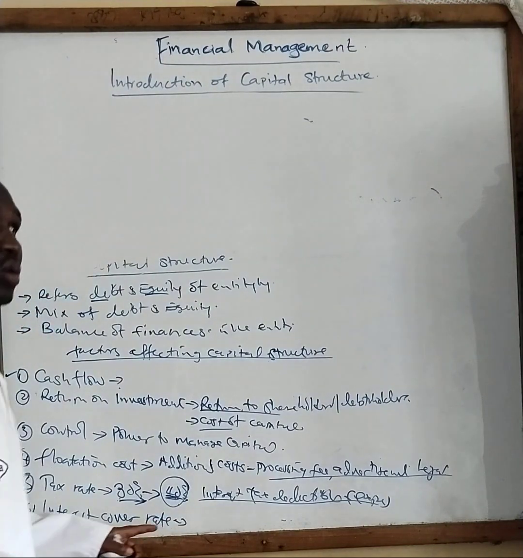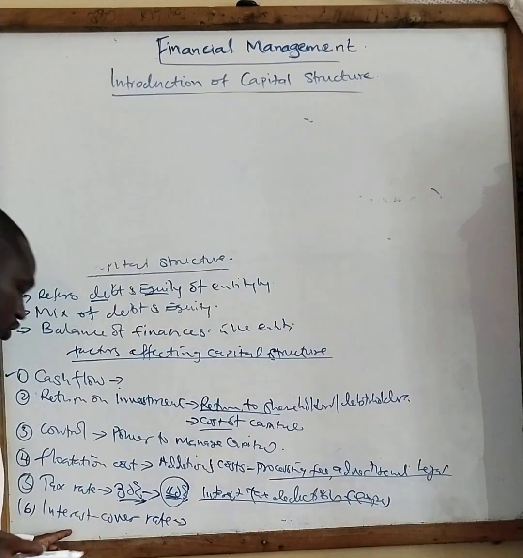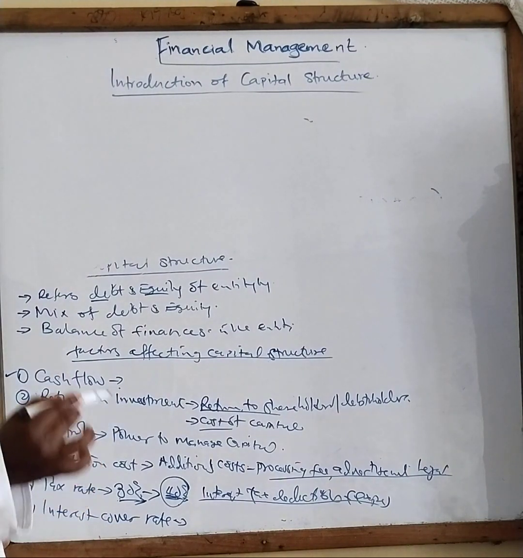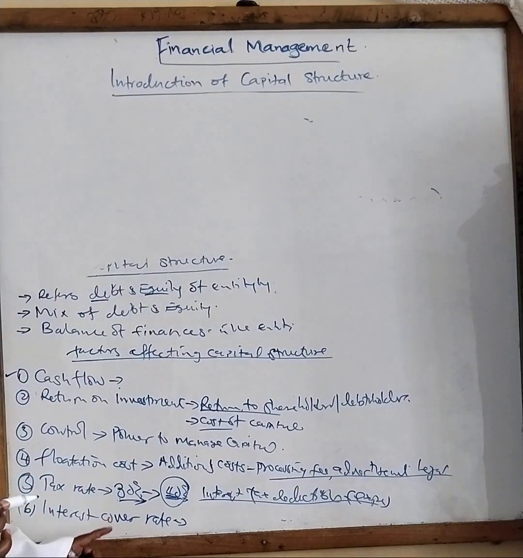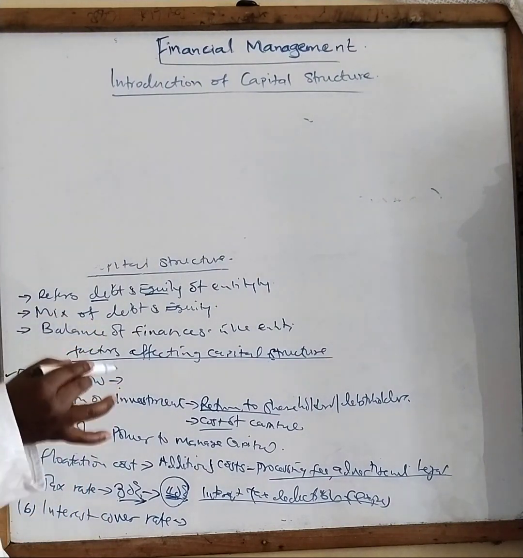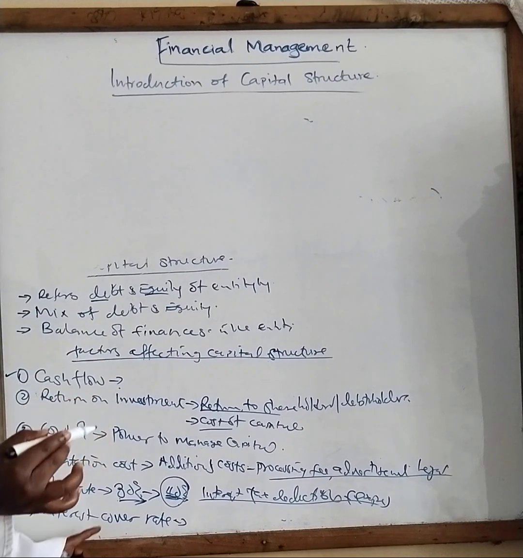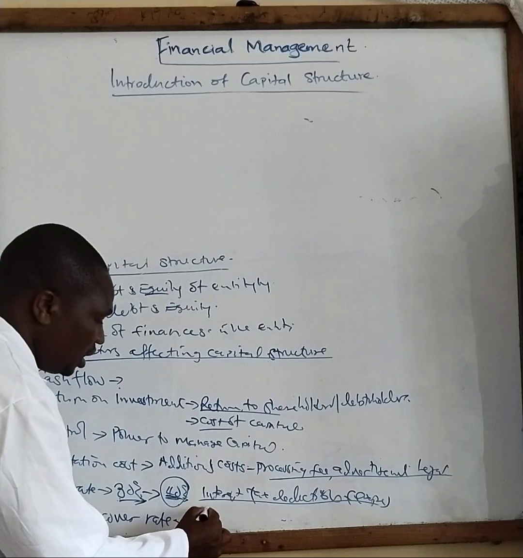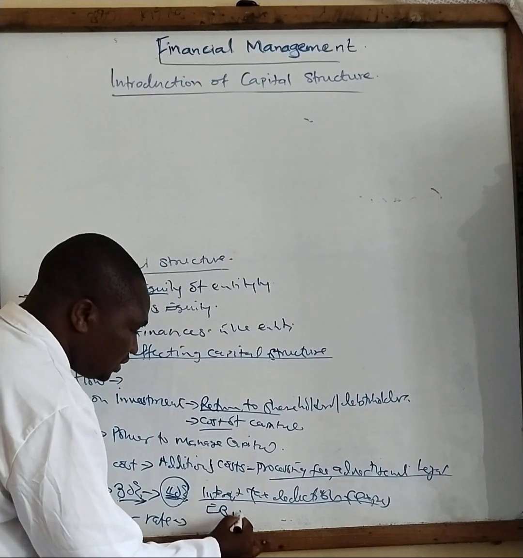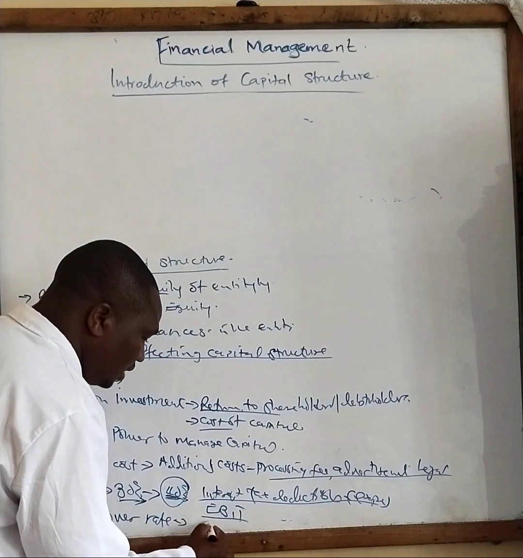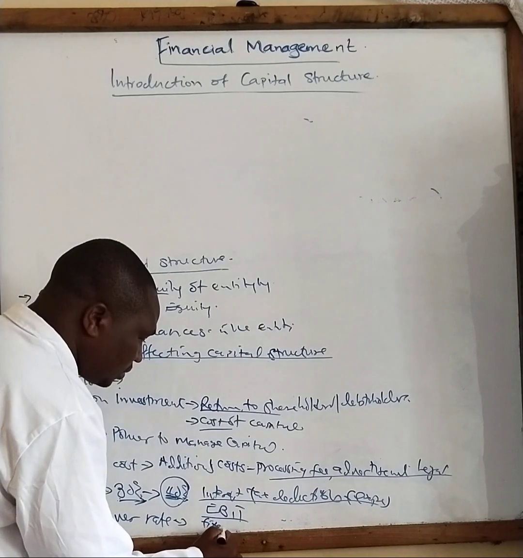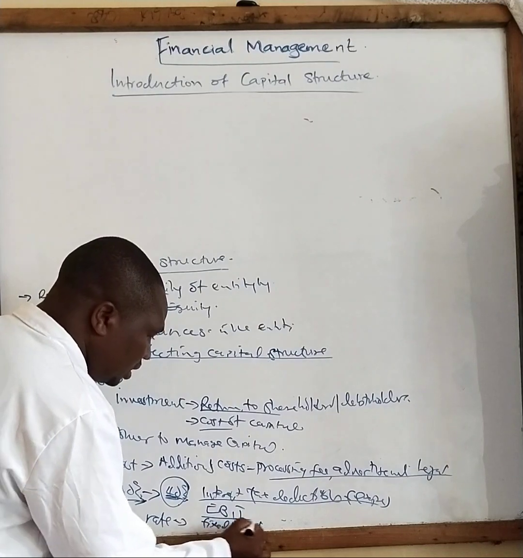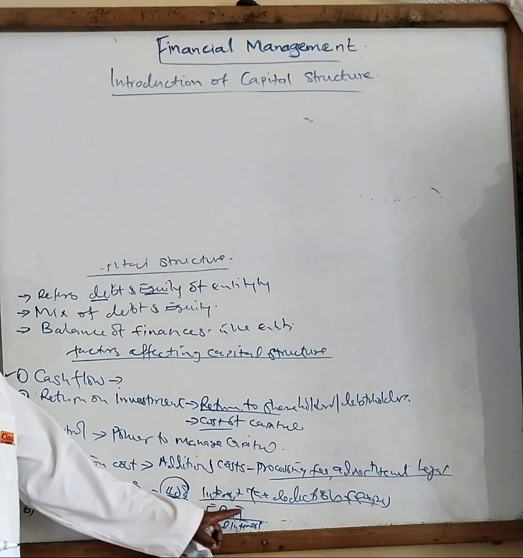When you talk about interest cover rate, we are talking about the number of times earnings before interest and tax is able to cover the fixed interest. In this case, it is earnings before interest and tax divided by the fixed interest.